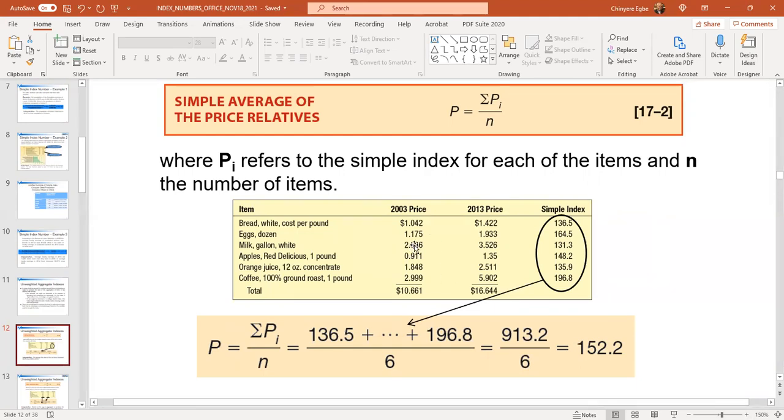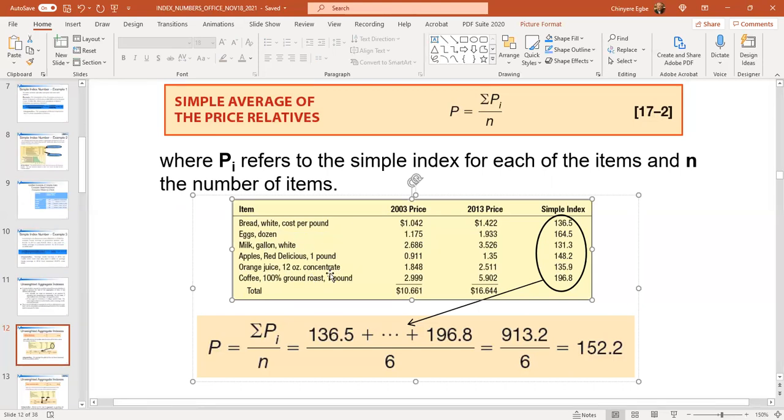In 2003, one dozen eggs cost $1.72. Now, remember here you're looking at pound, here you're looking at dozen units, and here you're looking at gallons. Okay, so we're looking at a simple aggregate index. That is the index of different goods, but in a simple way.